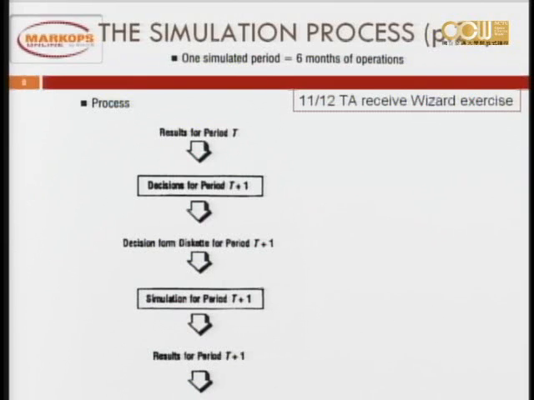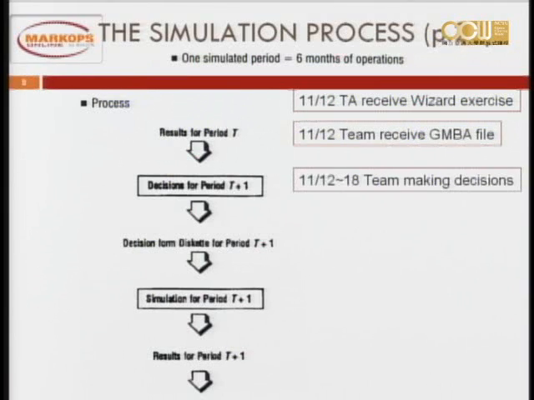Later on, the team will receive the GMBA file. After you send that to her, you're going to receive the GMBA file. You can make a decision between 12 and 18. You make a decision.